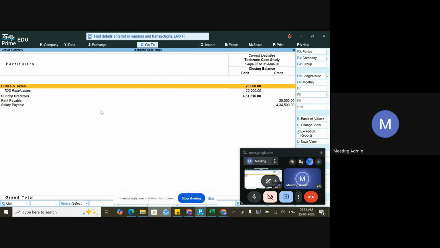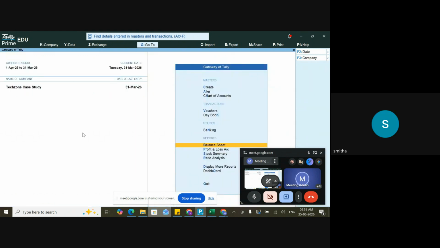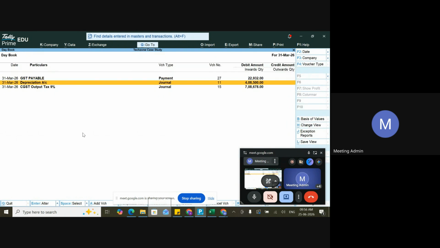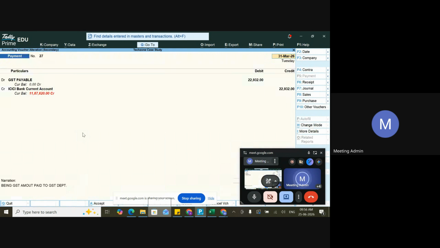We did the setup for everything, so nothing is there. Everything is cleared. Clear? Yes, ma'am. If you go to daybook, you can see my entry. In payment also. Clear, guys?